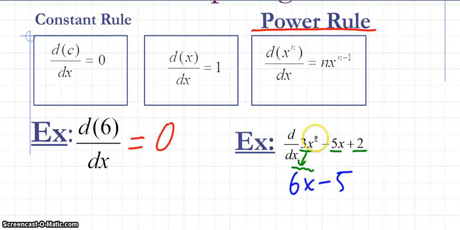So I take the exponent, I bring it down in front, in this case it's times 3, and I reduce the exponent by 1. So it was a 2 and now it's a 1. Here the exponent is 1. I bring it down in front, multiply by 5, so it stays 5, and then I get x to the 0, so the x goes away.